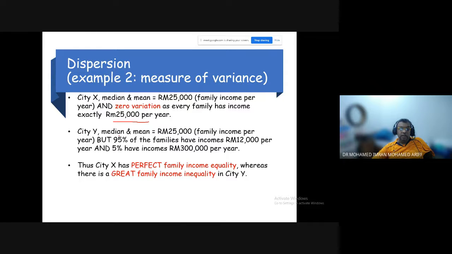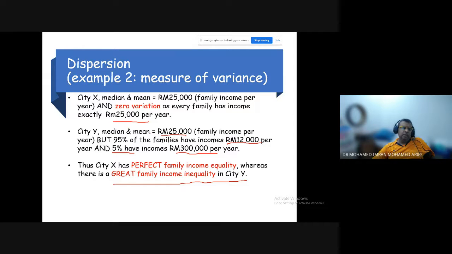In city Y, we have exactly the same 25,000, but 95% of the families have income of 12,000 per year and 5% have income of 300,000 per year. Okay, so based on this, we can say there is perfect income equality in city X, but great family income inequality in city Y. Okay, what does it mean here?